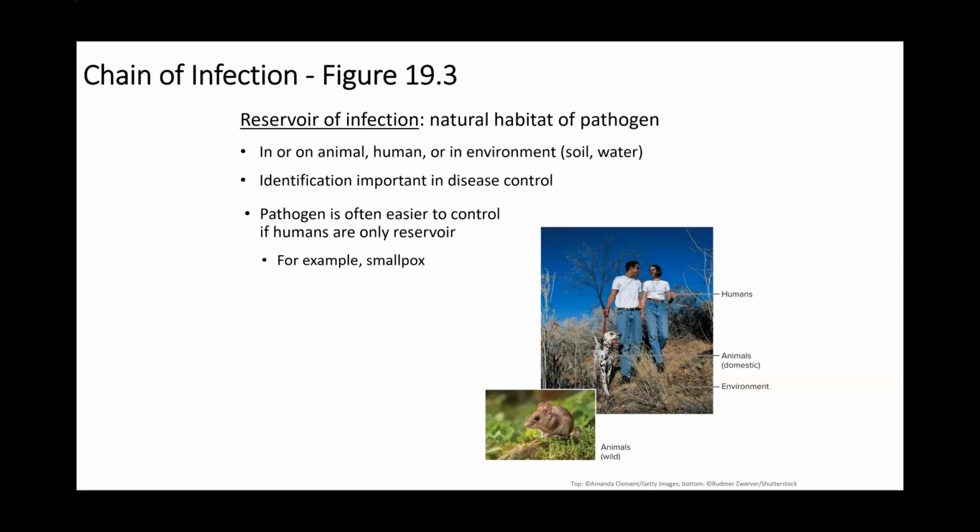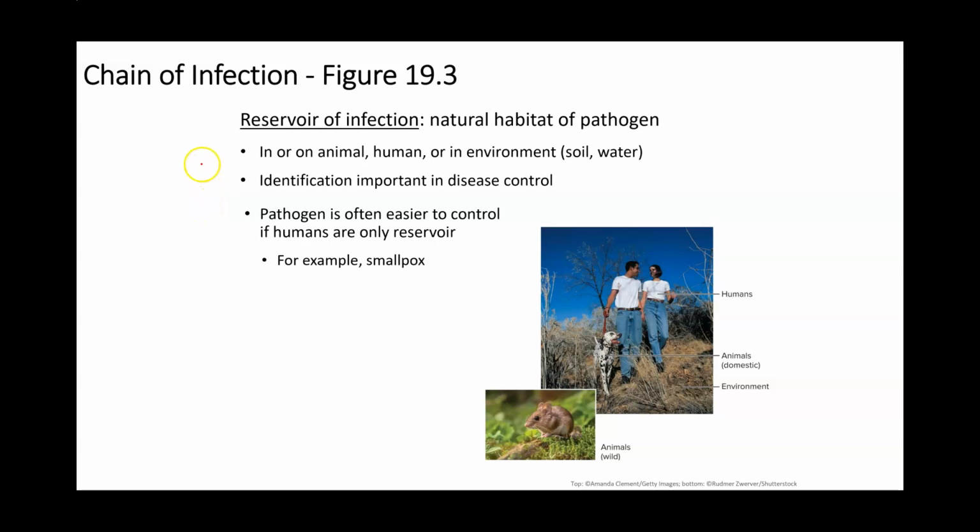A reservoir of infection is the habitat that a pathogen typically resides in. Reservoirs can be non-human animals like rodents or dogs, but they can also be humans, or non-living things like soil or water.